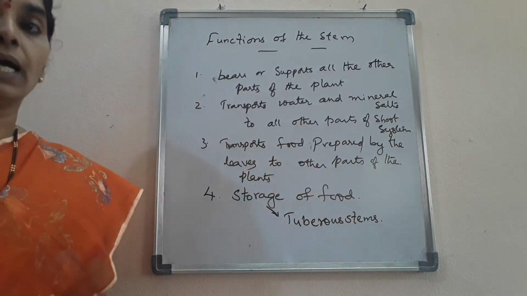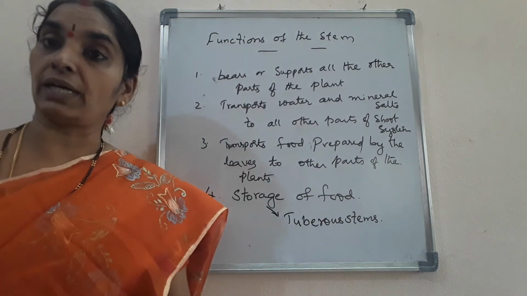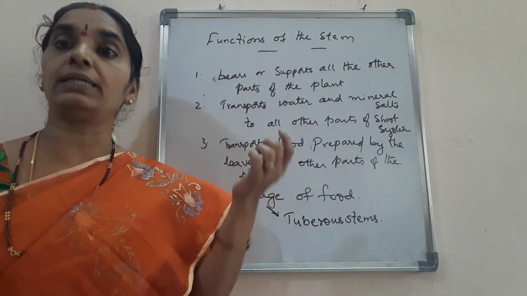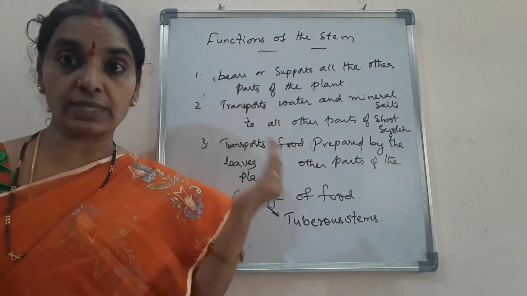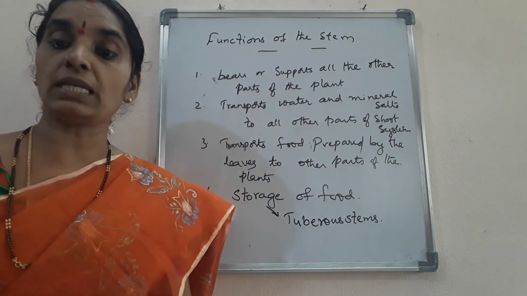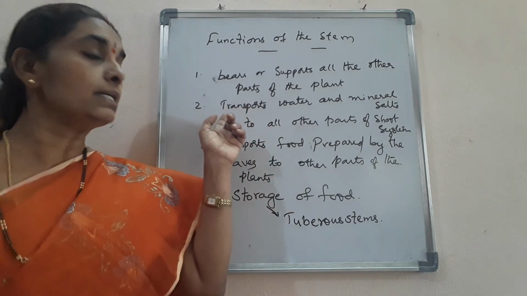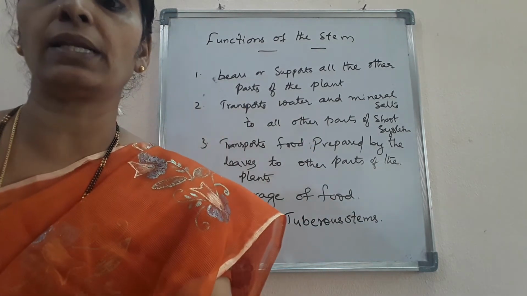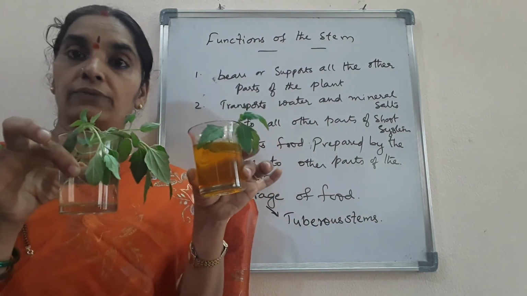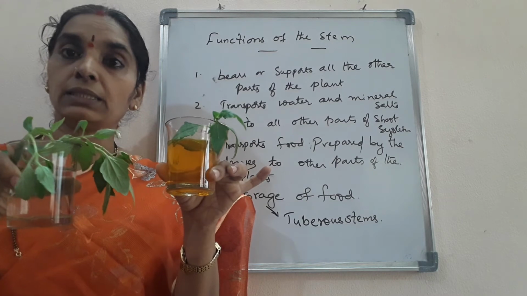Okay children, now you have studied what the stem is, where it is present in the plant, what the different parts of the stem are and the functions of the stem. And also you have seen in the functions of the stem how the stem transports the water and mineral salts through this experiment, isn't it? So you can observe that the stem has taken the water.